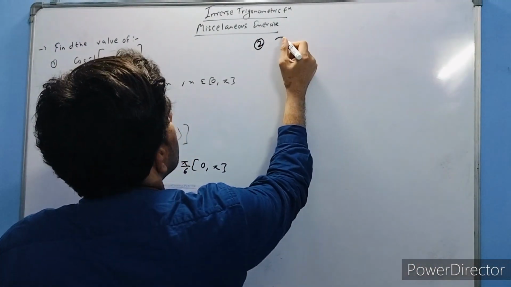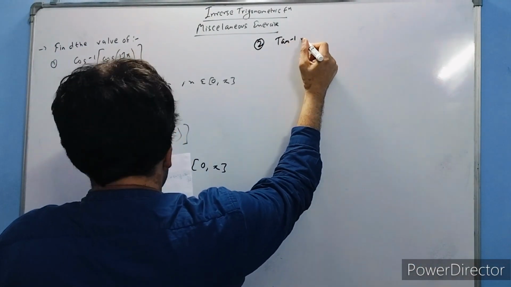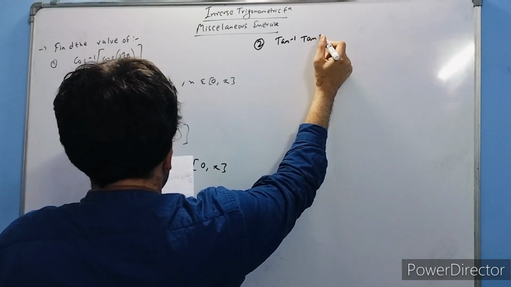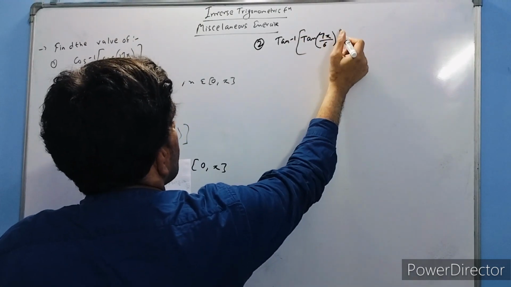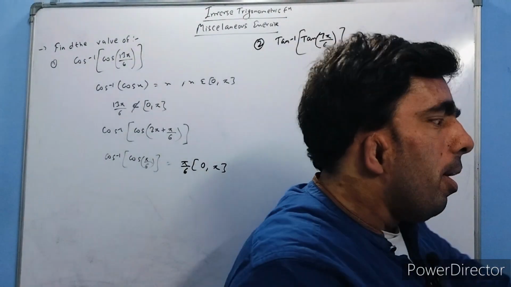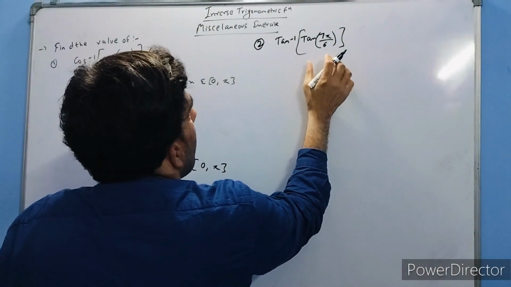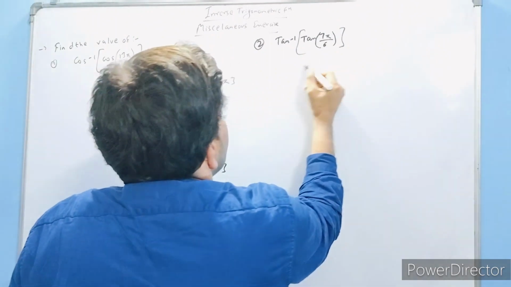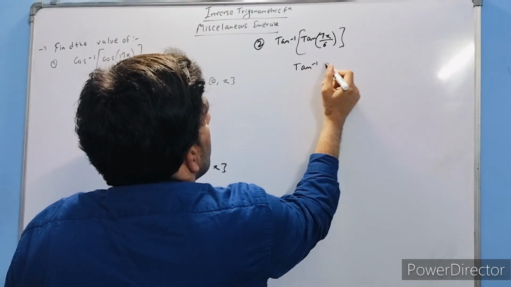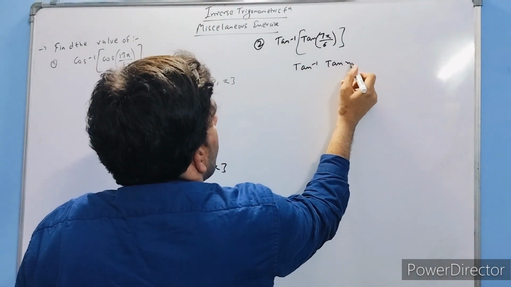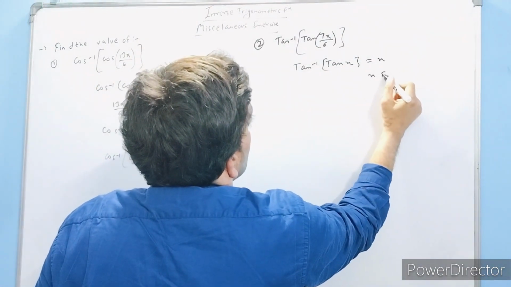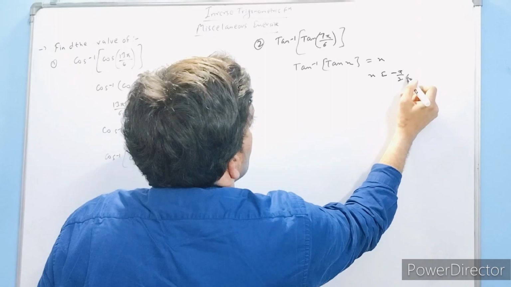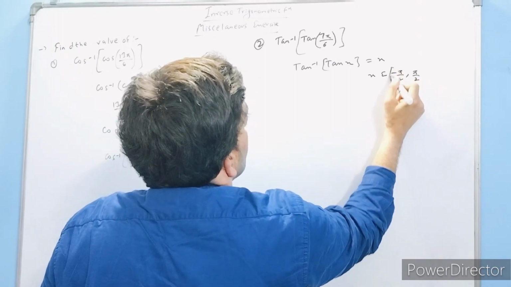The second question is tan inverse tan of 7 pi upon 6. How to solve this? In a very simple way. We know tan inverse tan x will be x, where x belongs to minus pi by 2 to pi by 2.